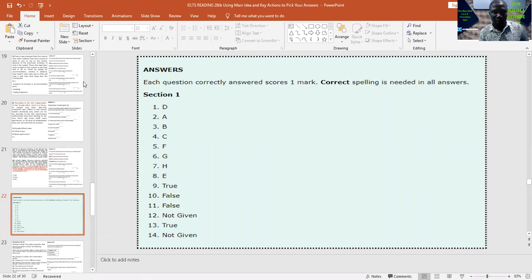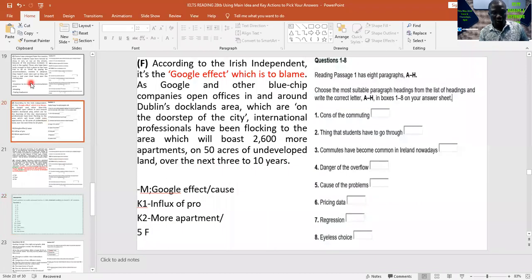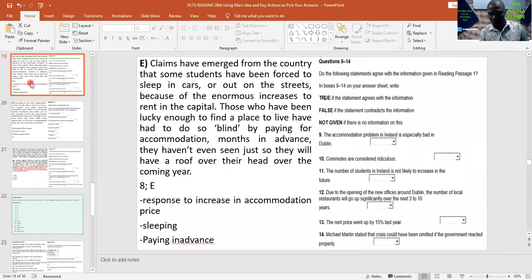And for me, I want any feedback. For true, false, not given, it's a direct thing. Is the passage saying the same thing as the question? If it's not saying the same thing, it is not given. If it's saying the same thing, but there is a misrepresentation, a falsehood, it is false. If it's saying the same thing and it's a replica of the question, it's true.